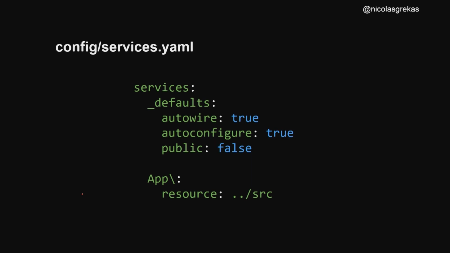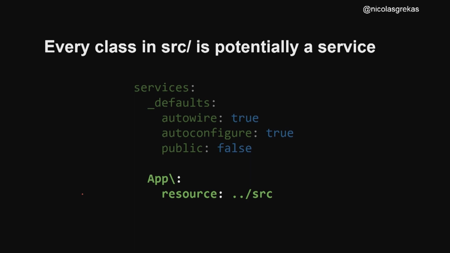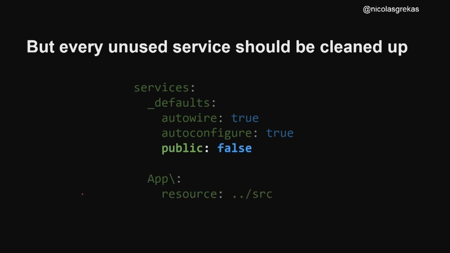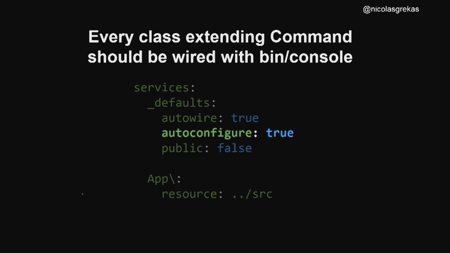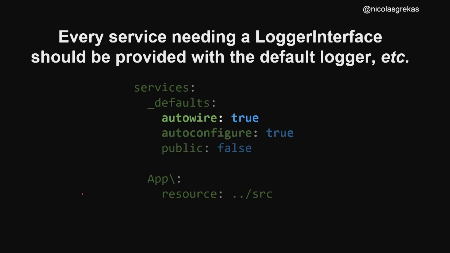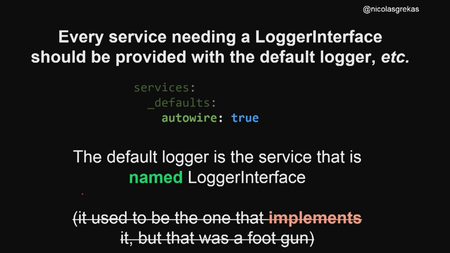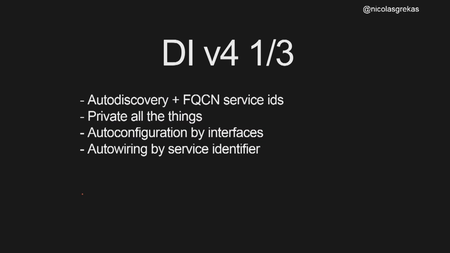So: load everything in source with this resource, make everything private, do auto configuration, and do auto wiring for every class. This is the notice we talked about, right? AutoWiring works by name and not by type.